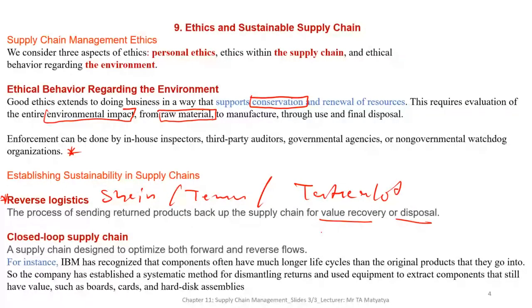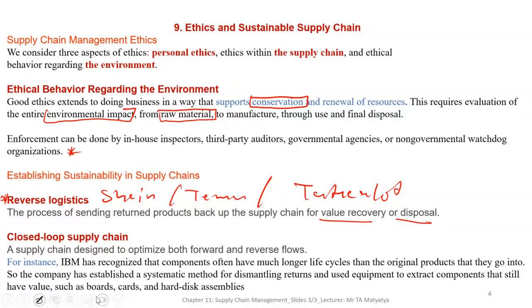Closed loop supply chain, a supply chain designed to optimize both forward and reverse flows. For instance, IBM has recognized that components often have much longer life cycles than the original products that they go into.